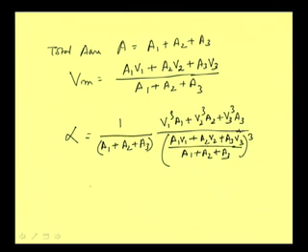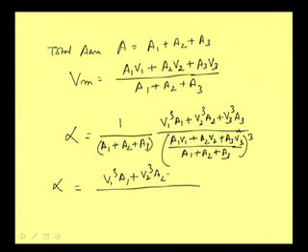So this is the expression for alpha. We can simplify it into the form V1 cube A1 plus V2 cube A2 plus V3 cube A3, and then there is total area cube here.